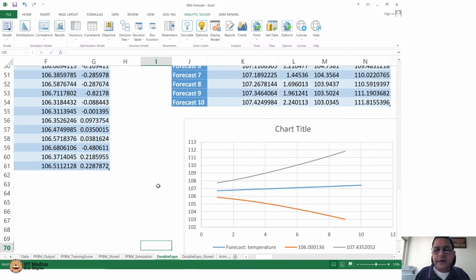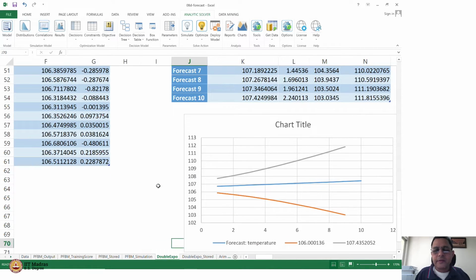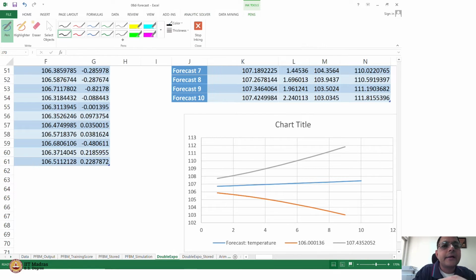And this is reflected in this plot here. The blue line is the actual forecast, and this is the upper limit, this is the lower limit, and essentially this is the error, and you can see this error is increasing.